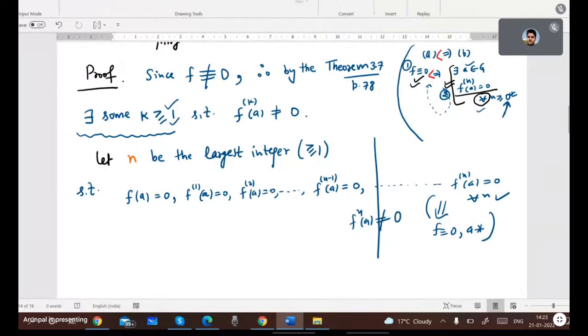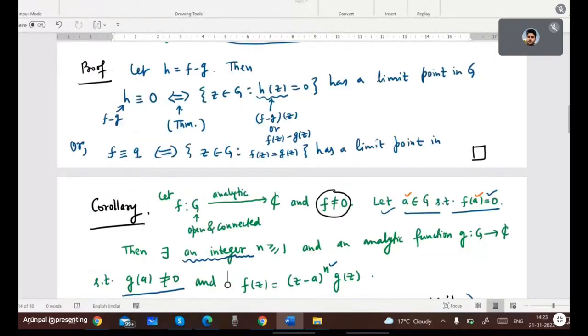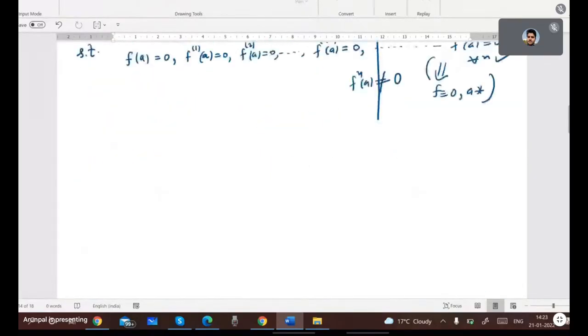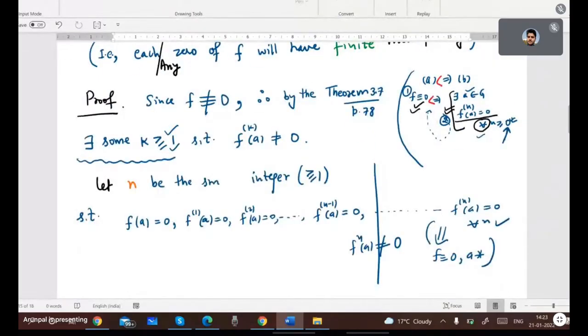When I am saying n be the largest integer greater than or equal to 1, should we write largest or smallest? Smallest. Right. I think smallest will be the appropriate terminology. Sorry, that's why the confusion. Oh my God. Is this okay now? Let n be the smallest integer such that up to this stage the derivatives are zero, and after that stage it is non-zero.